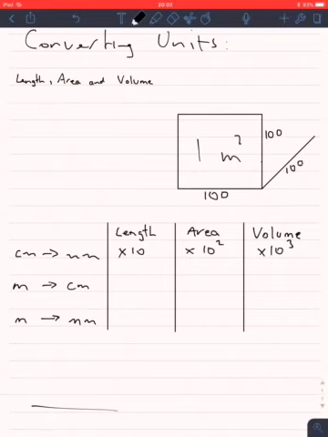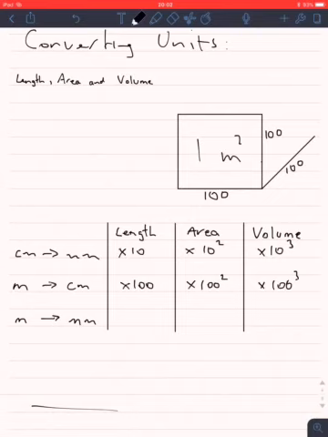So if I come down to the table, converting length from metres to centimetres, I multiply by 100. To convert area, I'm going to do 100 multiplied by 100 again, so I'm going to write 100 squared. And volume would be 100 times 100 times 100, which is 100 cubed.